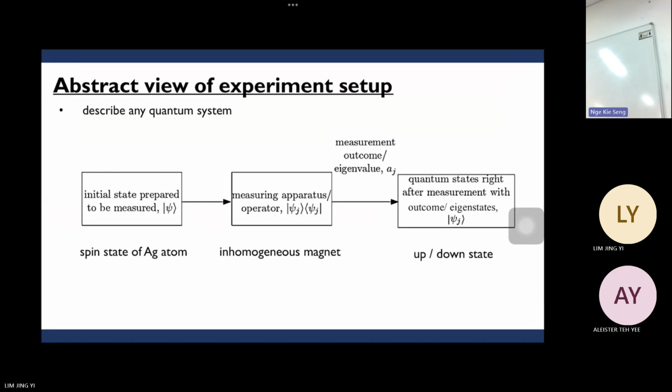We also introduce a new term, which is called the measurement outcome or eigenvalue. An eigenvalue is just a real number, or any complex number, but it comprises the information that can help us determine the probability of finding a state in these eigenstates. So eigenstates can basically be understood as the possible states of a quantum system.